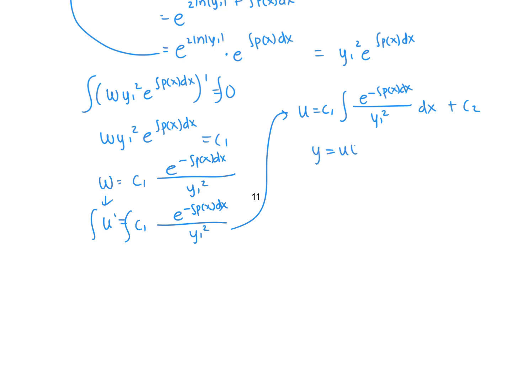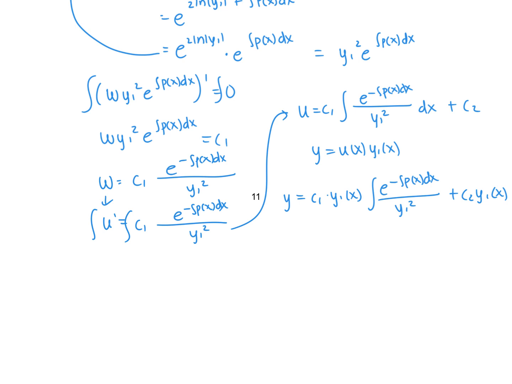So our y is u of x times y1 of x. So we get our y then to be C1 times y1 of x times the integral of e to the negative integral of p of x dx over y1 squared plus C2 times y1 of x.